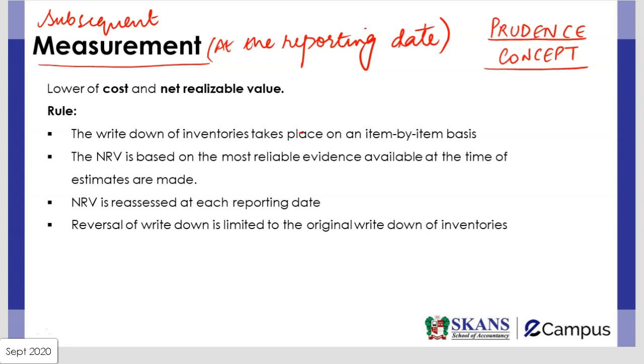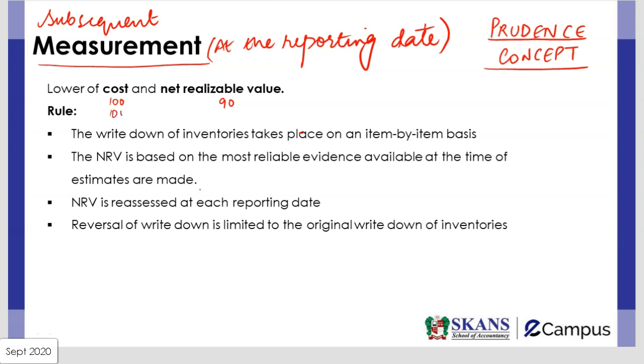Then an estimate should be made of the selling price of that inventory also. The inventory should be recorded at the lower of the two. If the cost is 100 and the item is expected to be sold for 90, then the item should be recognized at 90 right away.